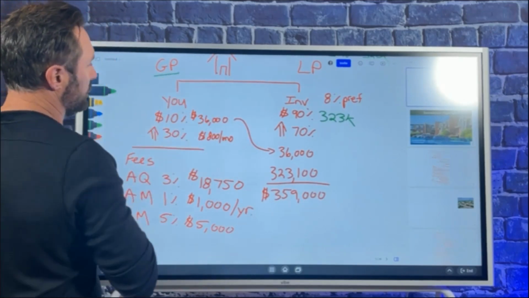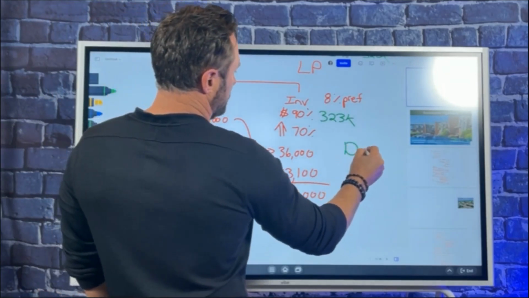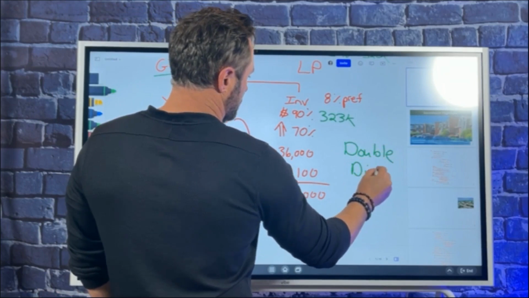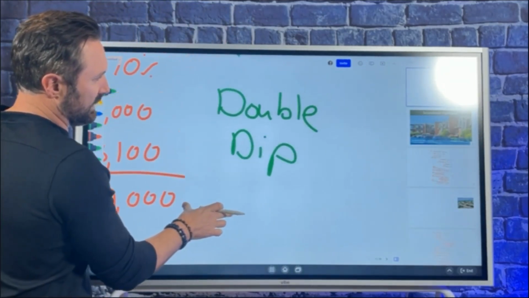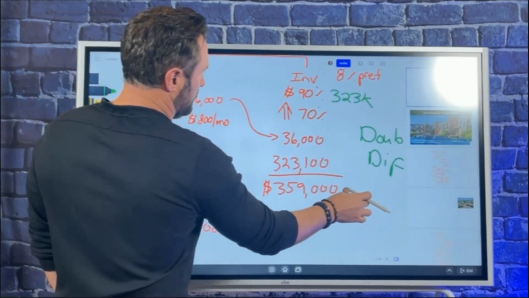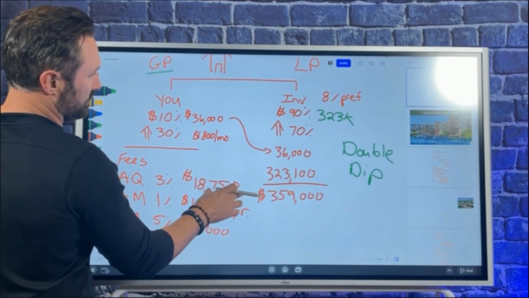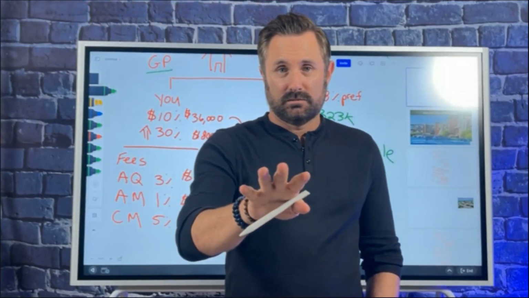As the general partner, you get to double dip. Remember this. Watch that very closely. This is why this game becomes very lucrative when you're in this position, okay? The reason why is because you're taking the risk.